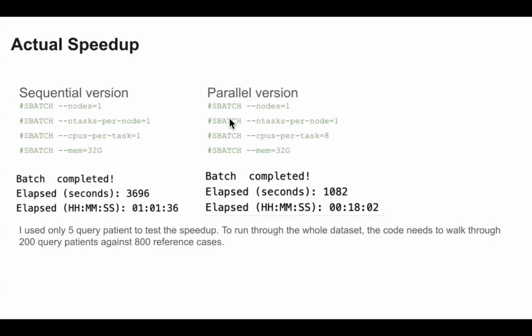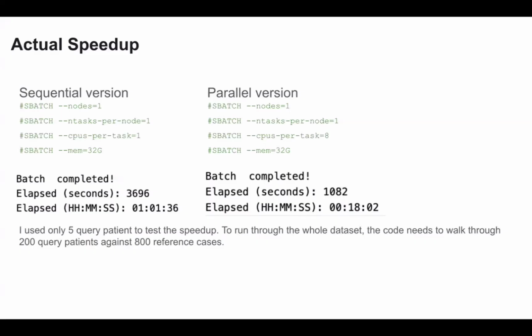On the right side is the parallel version, and I used 8 CPUs per task. The same 5 patients now finish in around 1,000 seconds, which is around 18 minutes. That's roughly a 3.4 times speedup on real data, which falls nicely inside the 3 times to 5 times range predicted by Amdahl's law for an 8-core node.